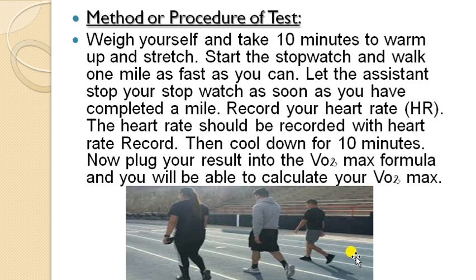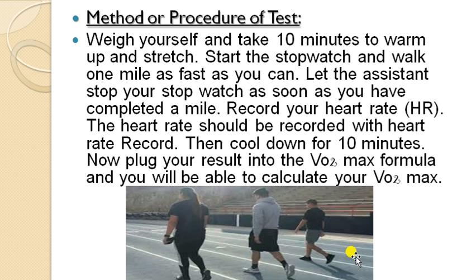Method or procedure of the test: first, individuals will weigh themselves and take 10 minutes to warm up and stretch. Start the stopwatch and walk 1 mile as fast as you can. Let the assistant stop your stopwatch as soon as you have completed a mile.